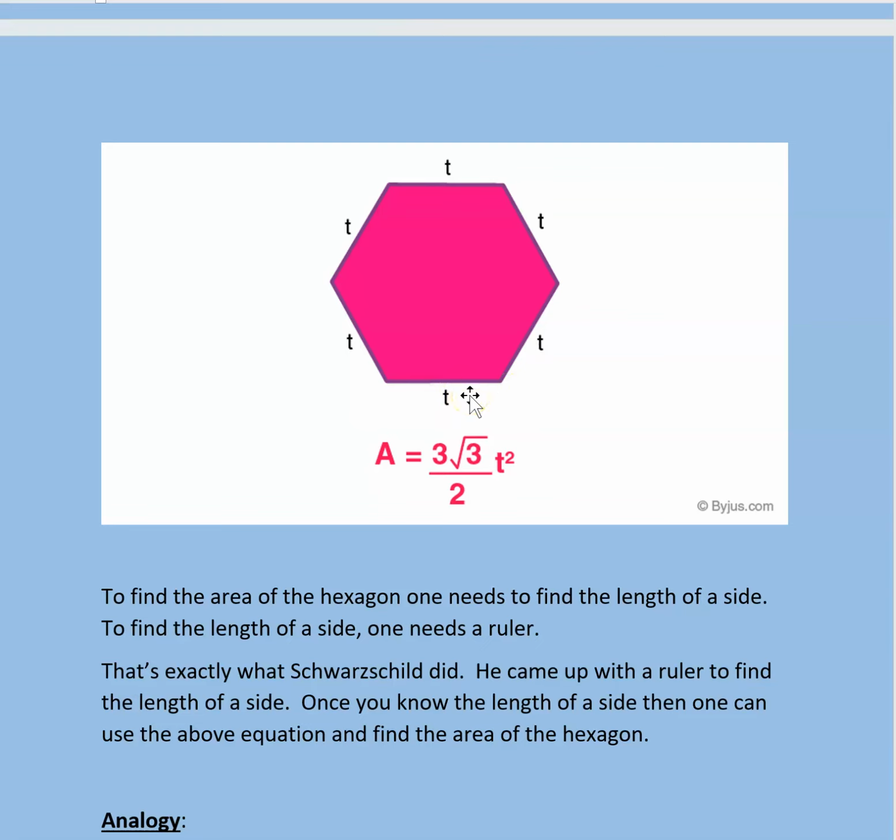People are stuck again. Let's say this hexagon is inside a room. To find t, you need a ruler. Someone says, aha, I have a ruler. We just make a ruler here. That's exactly what Karl Schwarzschild did. He found a ruler to measure Einstein's field equations.